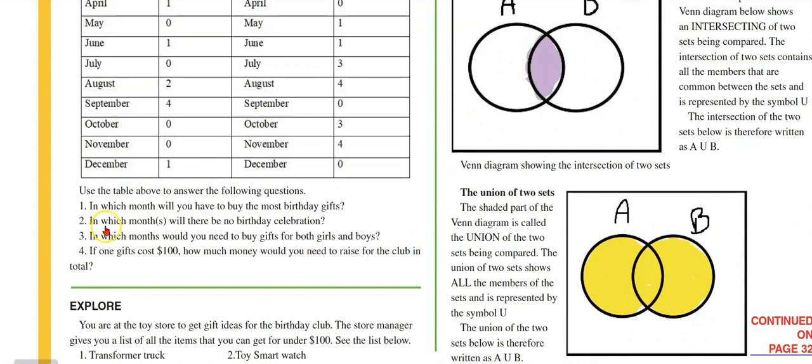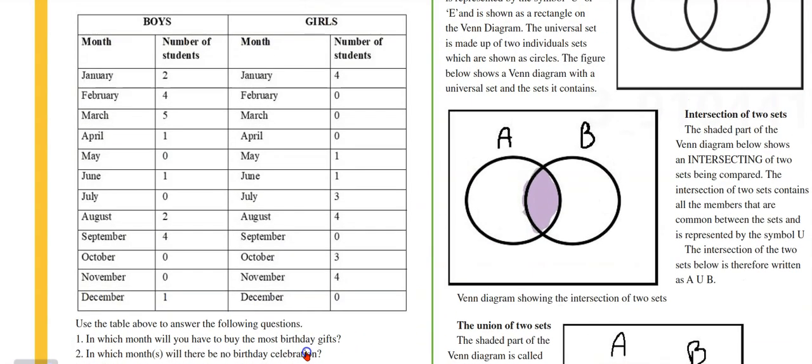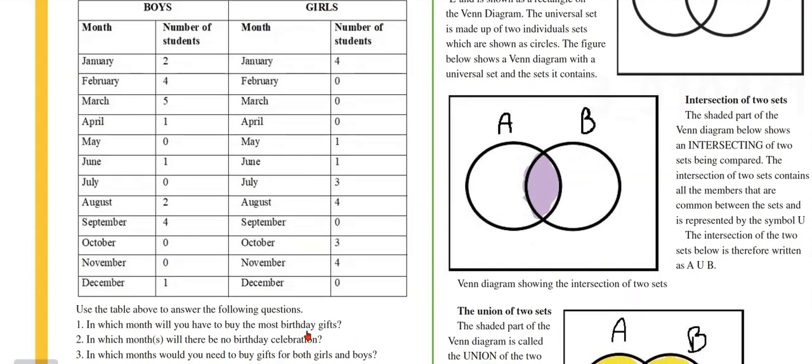Let's see. In which months will you have no birthdays? If you're looking at it just for the boys, then the months are May, July, October, and November.